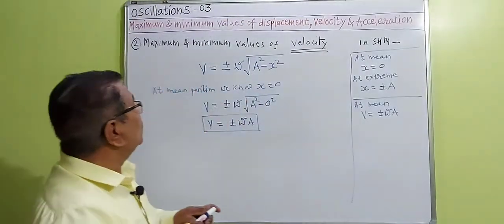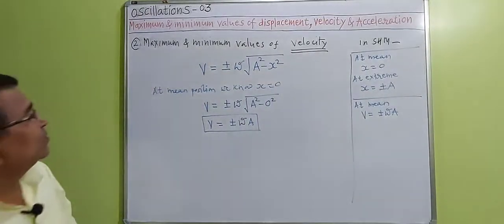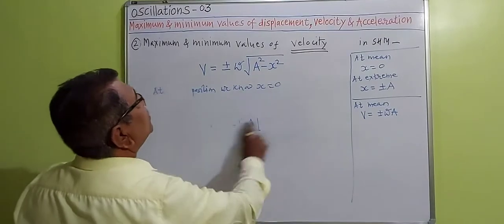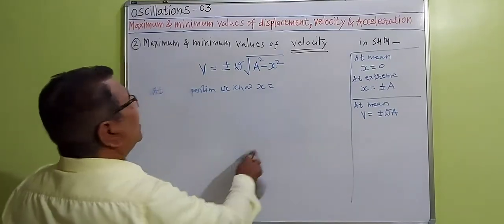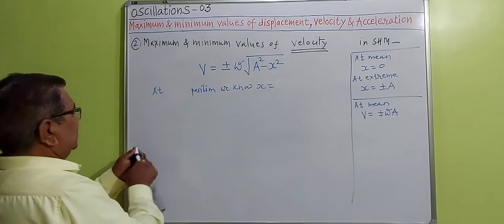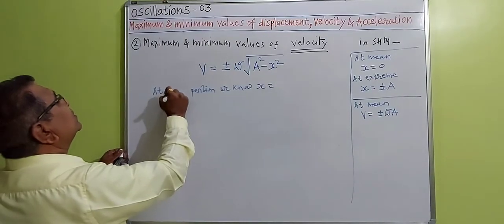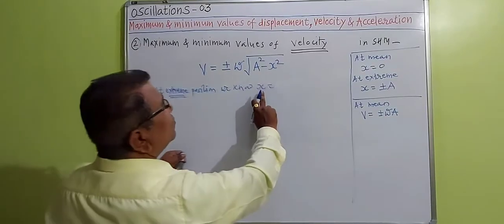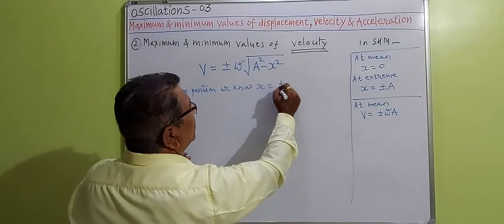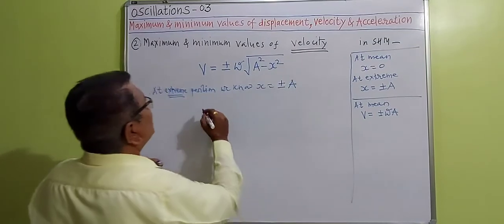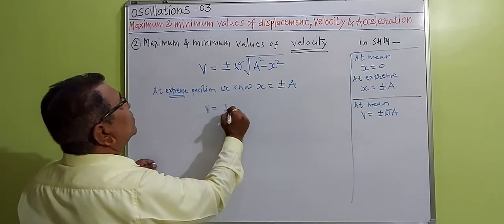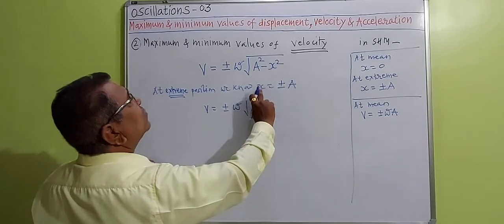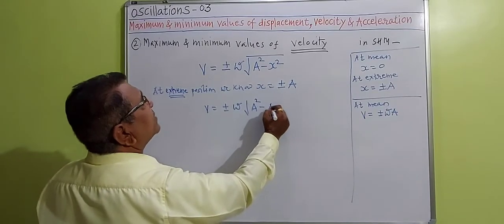Okay. Now, at extreme position we know x is equal to plus or minus a. Put here, so V is equal to plus or minus omega square root of a square minus x square, and x square is a square.